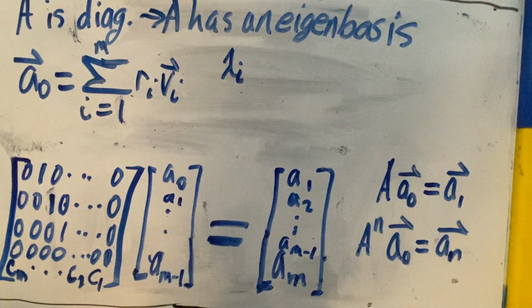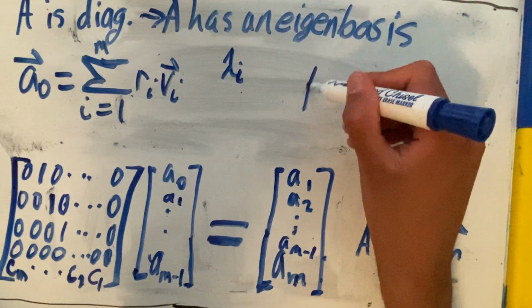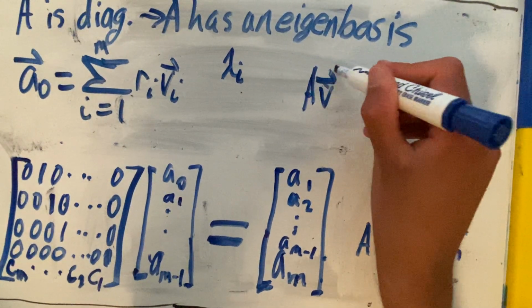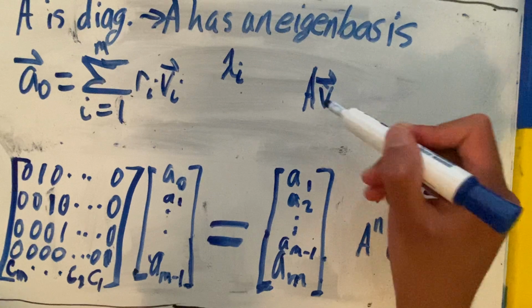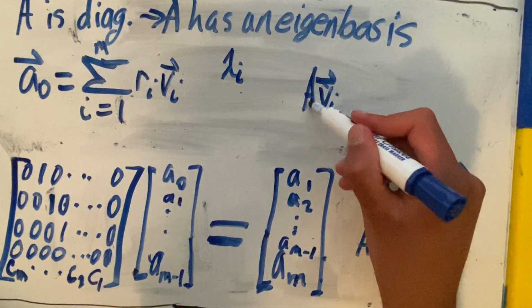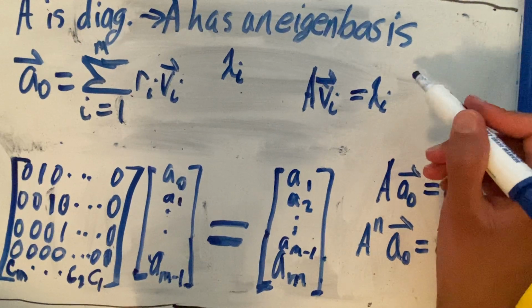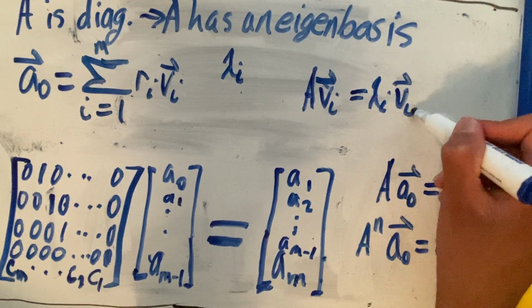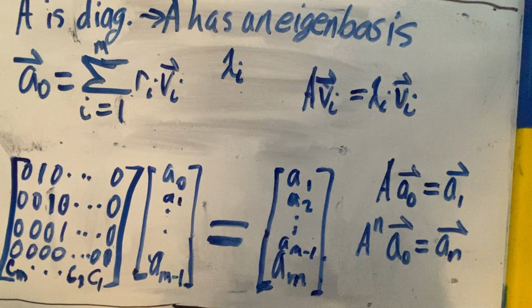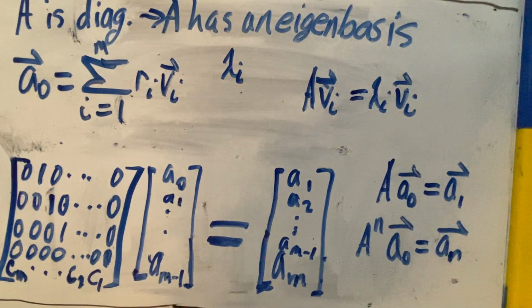So recall, eigenvectors and eigenvalues mean that A times the ith eigenvector is just going to be a constant, lambda_i, an eigenvalue, times the vector itself. And that's just what eigenvectors and eigenvalues are.